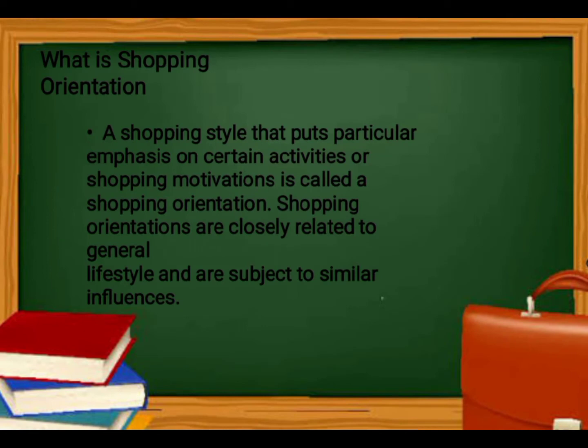What is shopping orientation? A shopping style that puts particular emphasis on certain activities or shopping motivations is called a shopping orientation. Shopping orientations are closely related to general lifestyle and are subject to similar influences.